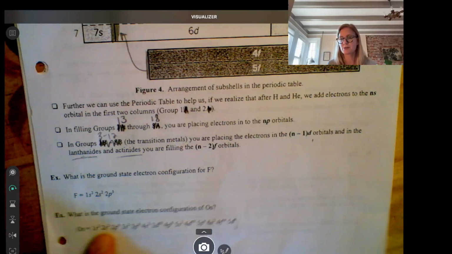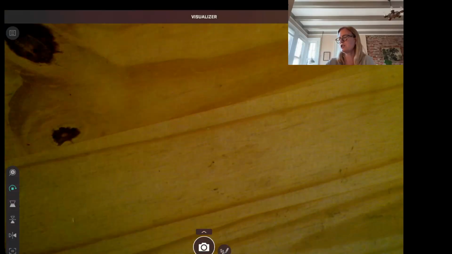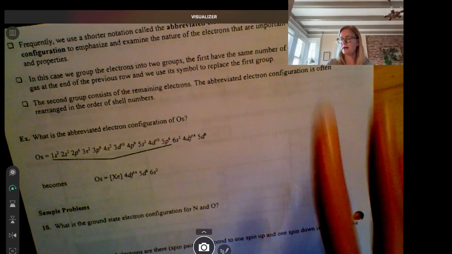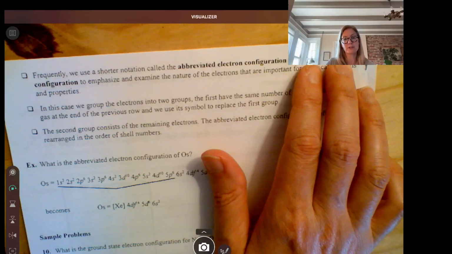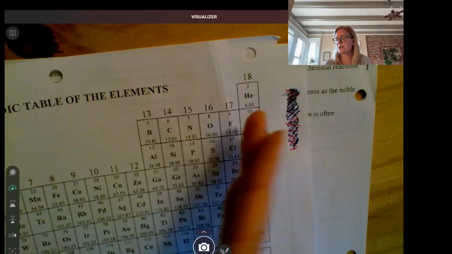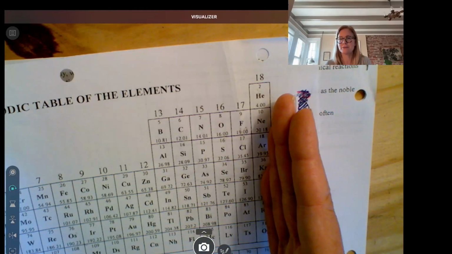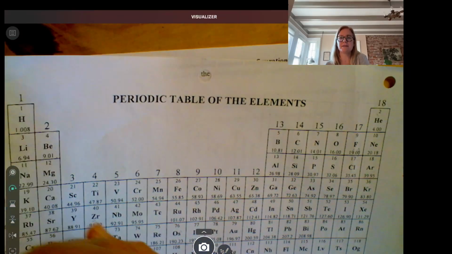It takes a long time to write out electron configurations. So the abbreviated electron configuration, also called the noble gas electron configuration, is where we use an abbreviation for all the inner core electrons, okay? We abbreviate it with a noble gas because the noble gases are group 18. These kind of represent the end of filling an energy level before we go into the valence energy level, or the outermost energy level.